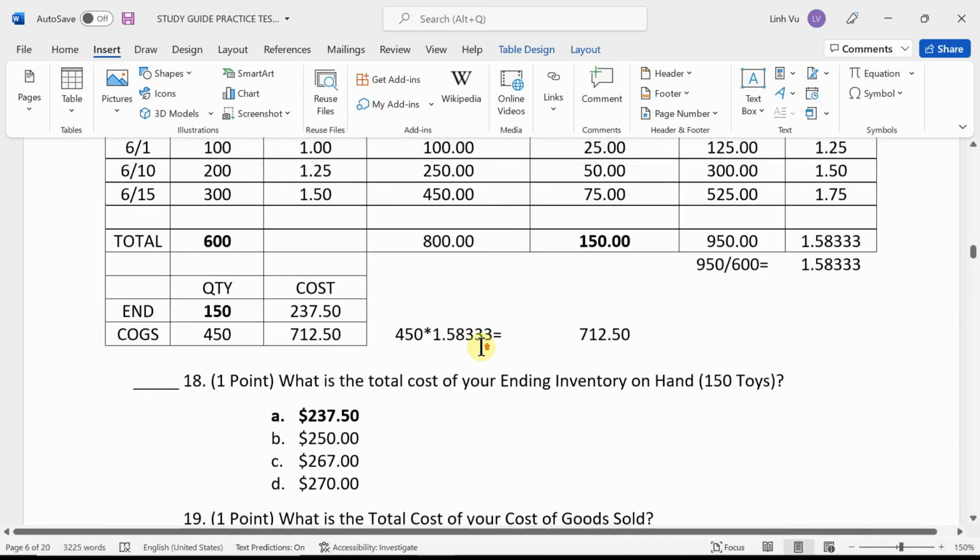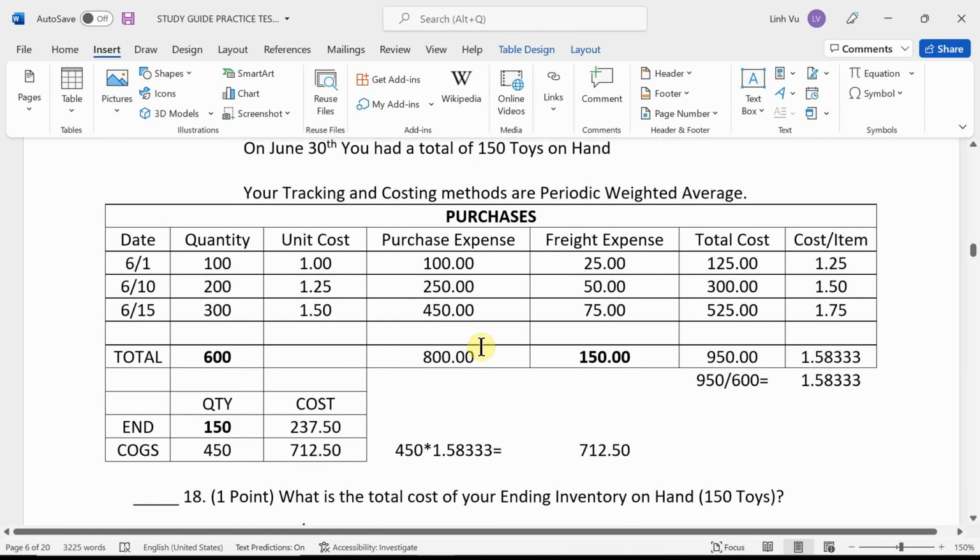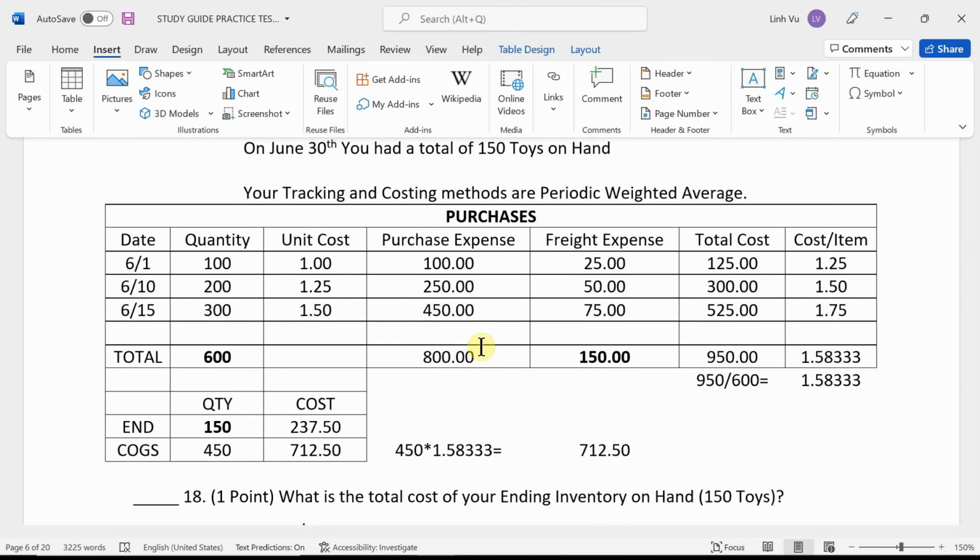All right. What else do I need to recognize? I'm doing a conversion entry. What am I converting from? From inventory to sales.